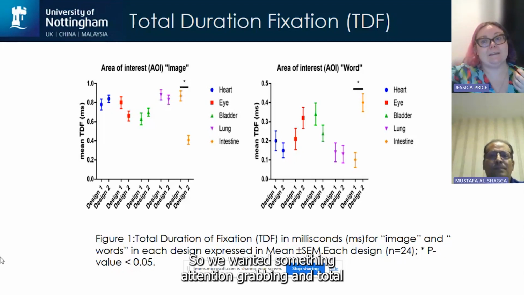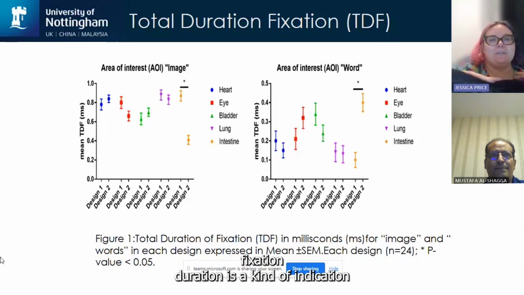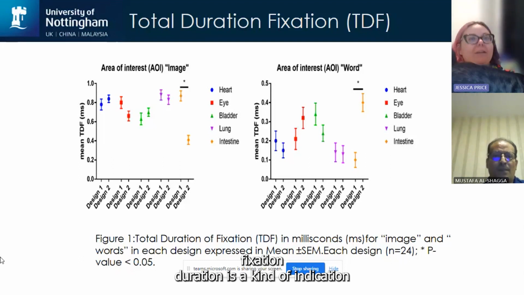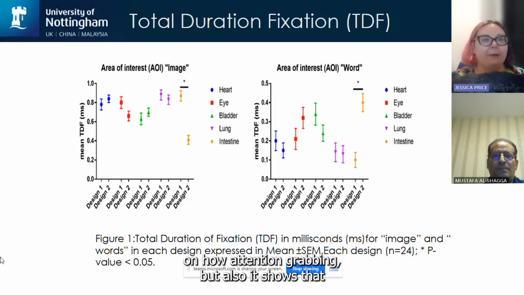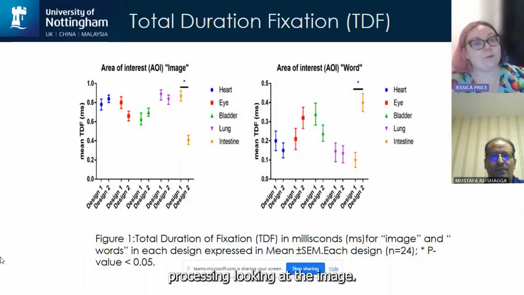So we wanted something attention grabbing, and total fixation duration is an indication of how attention grabbing it is, but it also shows that they have spent a lot more time processing, looking at the image.